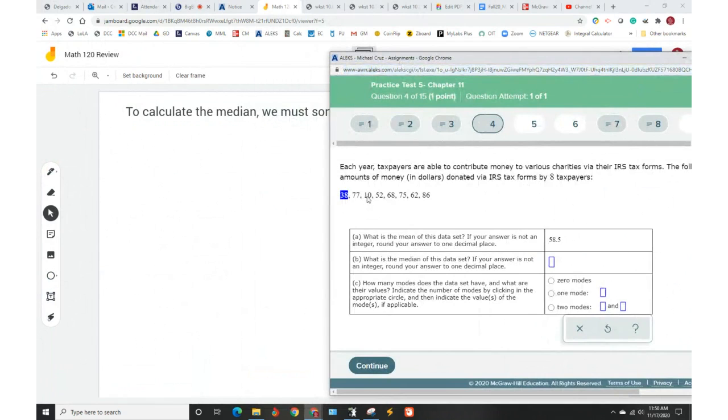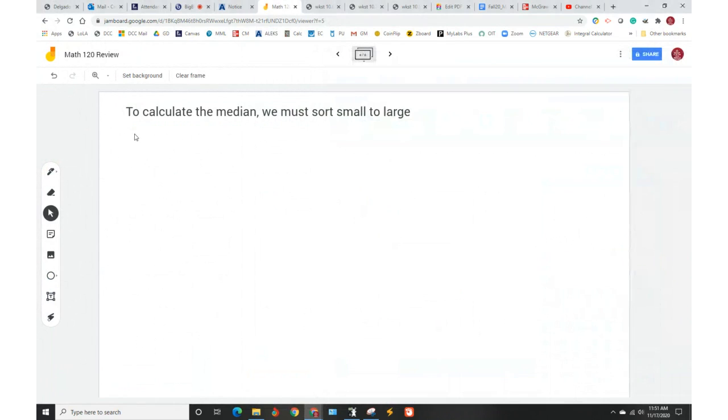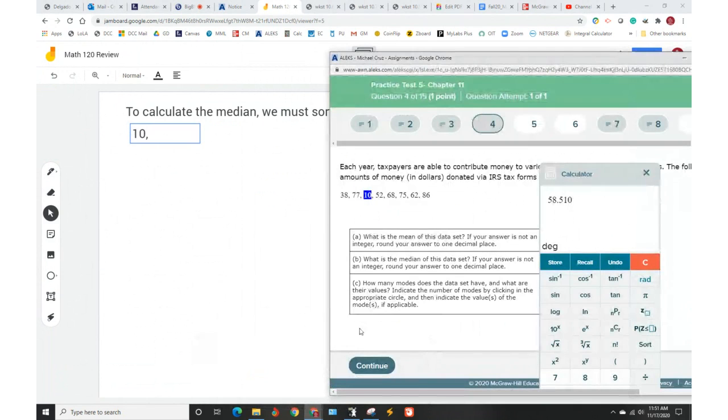All right, so the first one is 10. And then 38.